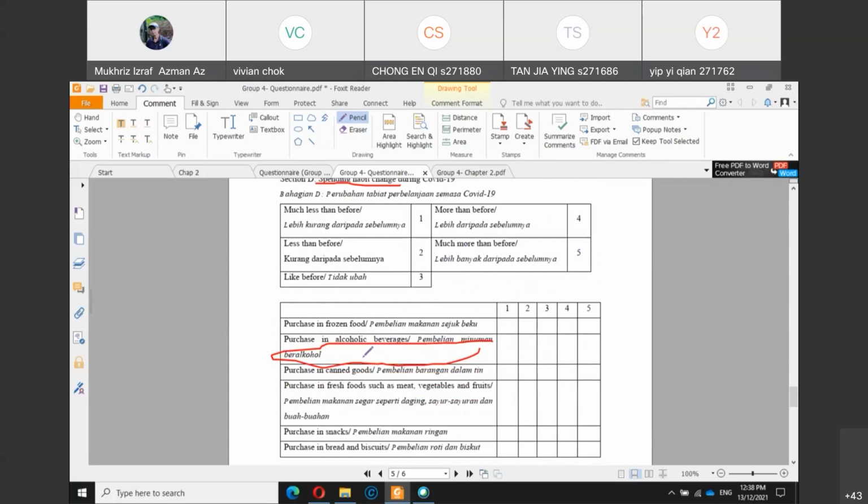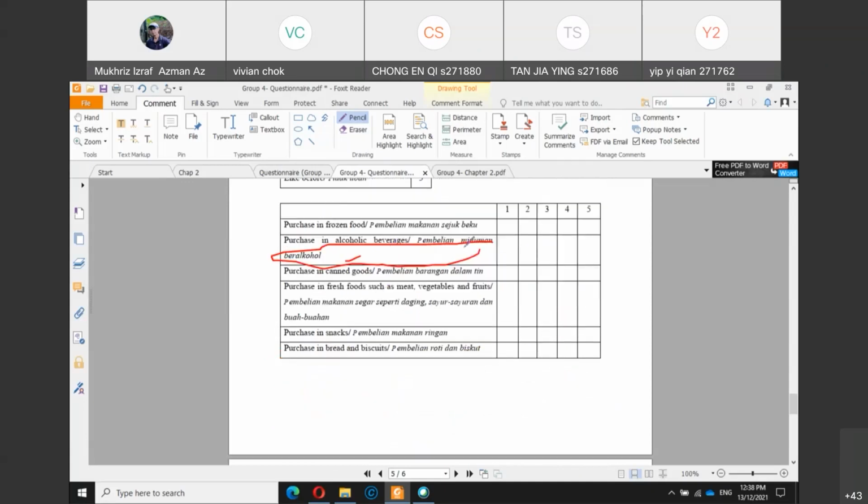If the respondent is a Muslim, how do they answer this question: purchase of alcoholic beverage, less than before, no change, much more than before? I think most of the respondents are Muslim. This is group 4.